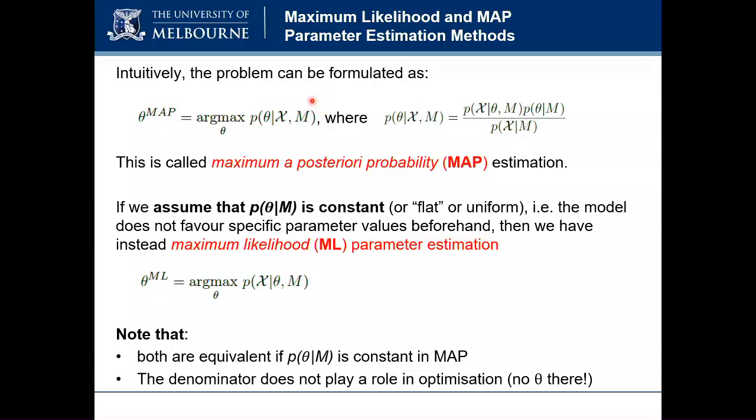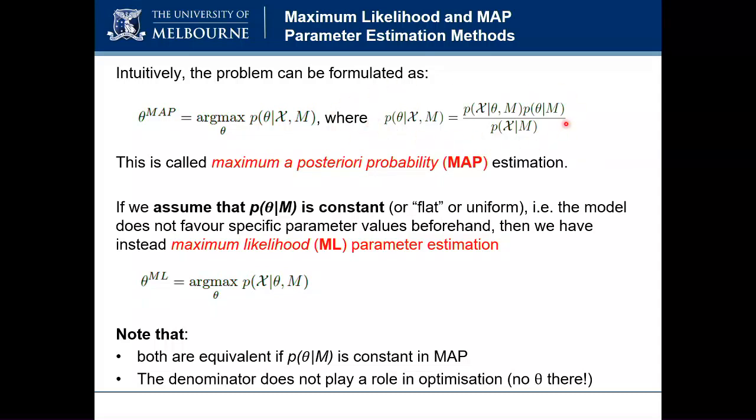Given that I choose a model and I have the data set, what's the probability that theta is this and what's the probability theta is that? I want to find the maximum of that probability, because then those are the most probable parameters. And the most probable parameters are kind of my best estimate, right? By definition. If I maximize that probability, that gives me my best estimate.